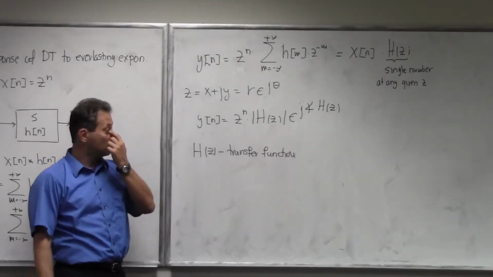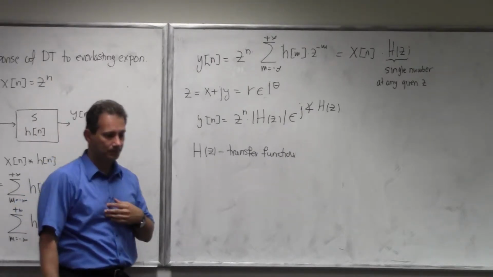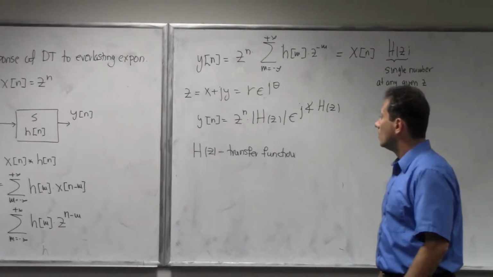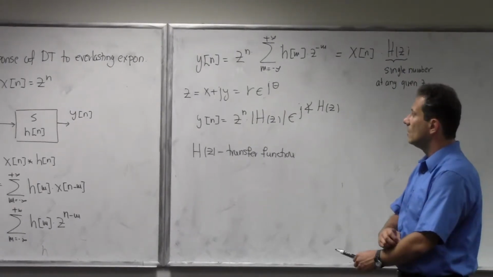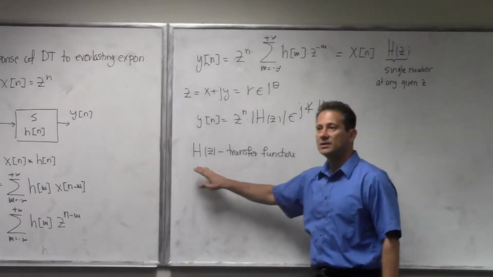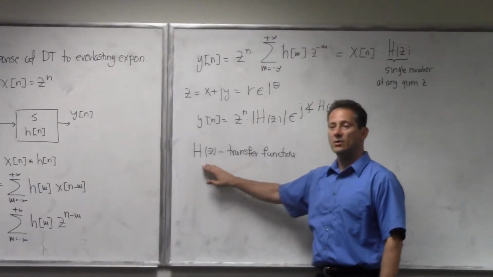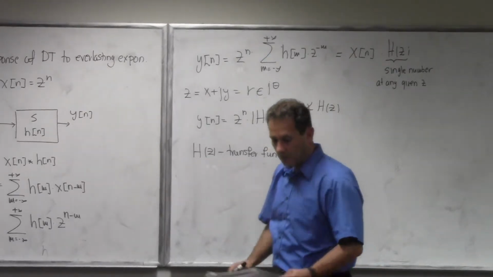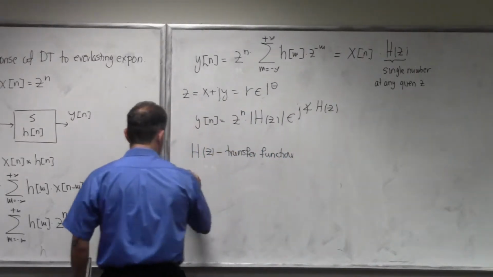So that's one way of how we can define this one. Now, just like in the case of a continuous time system, there's a way we can calculate this h of z directly by knowing the difference equation of a given system. So let's review that.